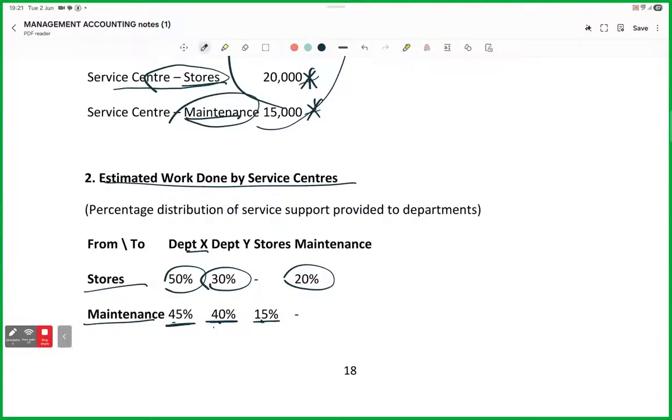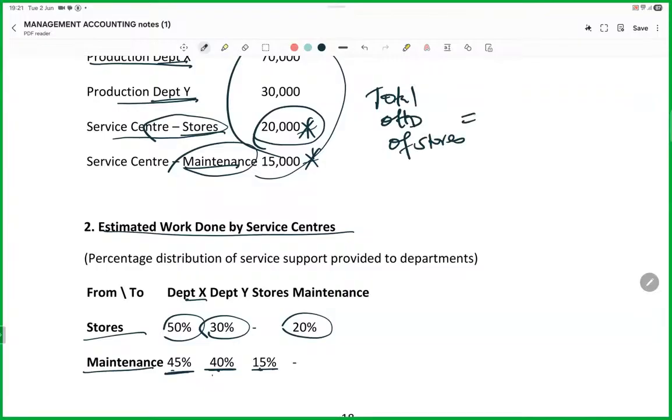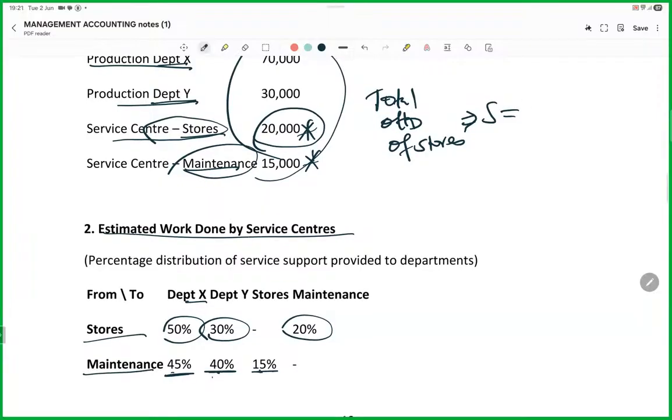So is there somebody who is able to see the allocated overhead to stores department? Stores, in this case here, was allocated how much? 20,000. So then the total overhead of stores, which is our S, will be equal to allocated, which is what here, somebody?